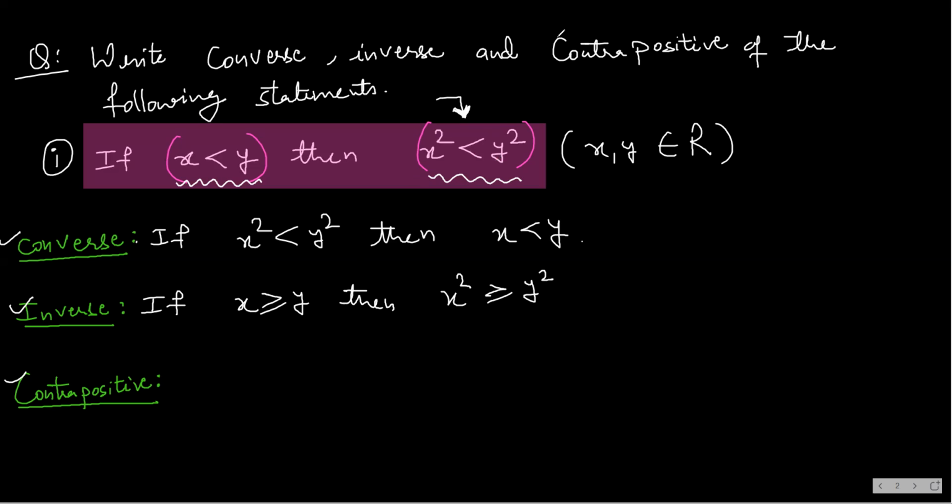So you will write this as if x square greater than or equal to y square, then x is greater than or equal to y. I hope you have followed this. You can check this once again.